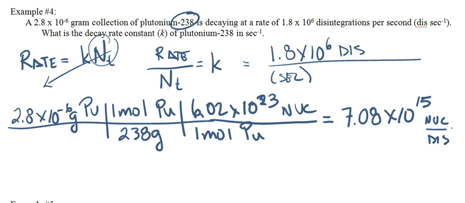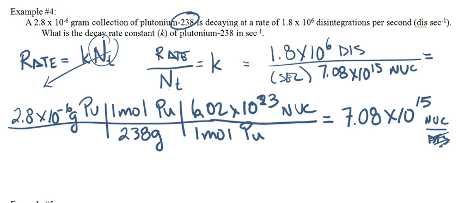So now what I want to do is plug in, I have my first part in there. I'm going to put in my second part. And that is nuclei. Okay, actually get rid of that disintegrations. Okay.